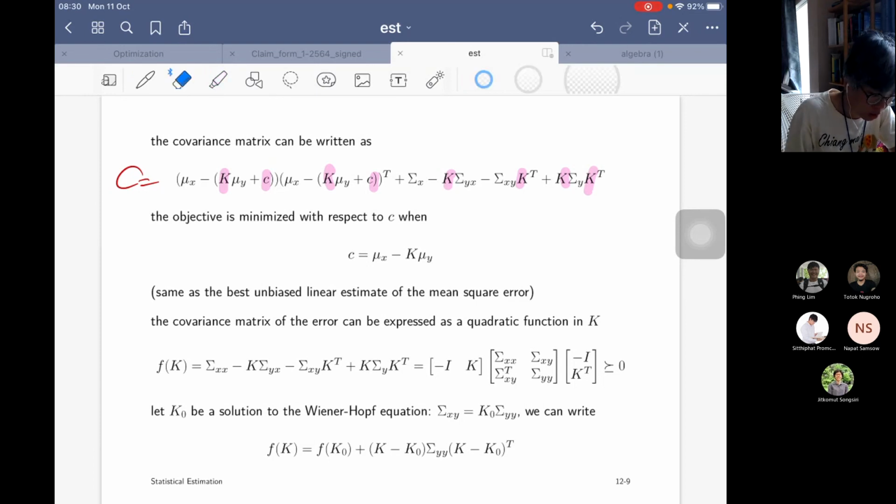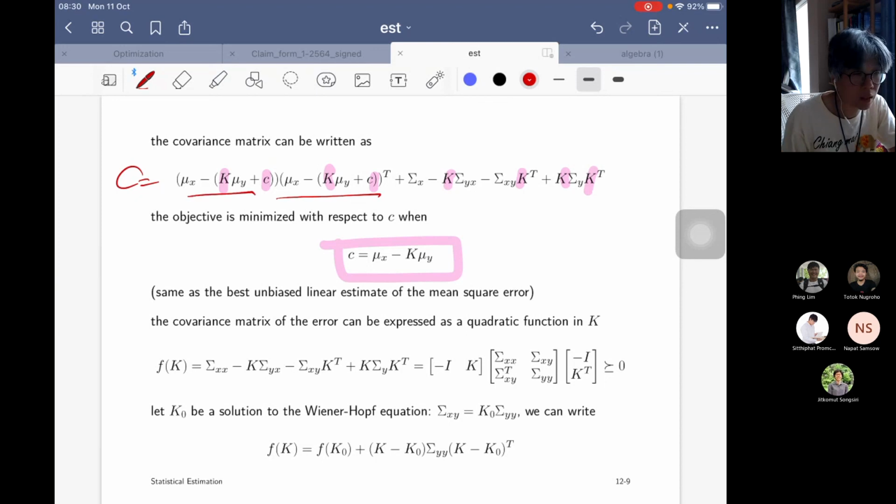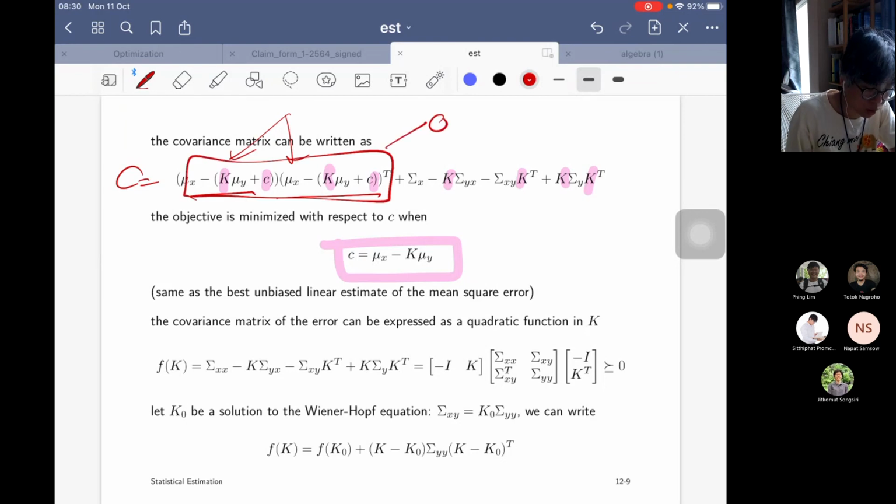But first, the term you can choose easily is the term in C, because you can choose C such that this term is 0. This term is an outer product, right? So it has to be non-negative definite. Then you have a choice in C. You just make this term 0 by choosing this one.